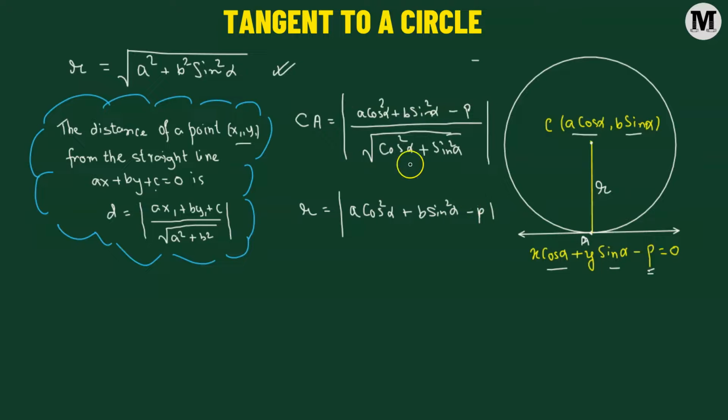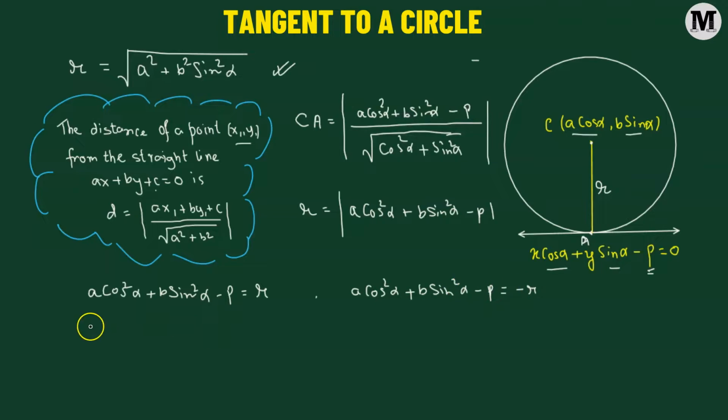Then in the denominator, cosine squared alpha plus sine squared alpha is 1. So that means we are going to get two equations. One of the equations will be a cosine squared alpha plus b sine squared alpha minus p equals positive r. And in the other case, a cosine squared alpha plus b sine squared alpha minus p equals negative r.